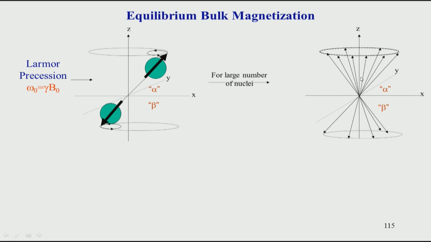So, you have a net vector in the z axis, positive and negative z axis. Now, they will start cancelling each other, and because there are more spins on this side compared to this side, the vector addition on this side will be stronger, and therefore you will get a positive z value after subtracting the minus z part from the z part. This is what we call the net magnetization.